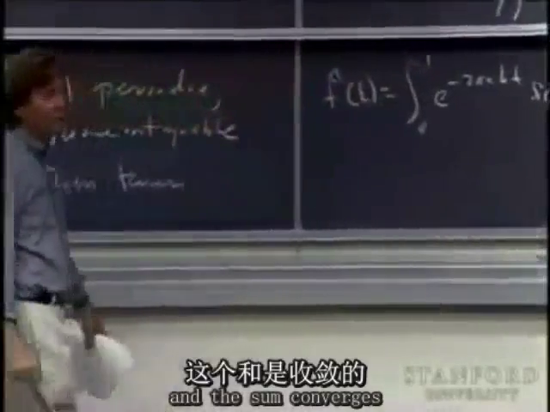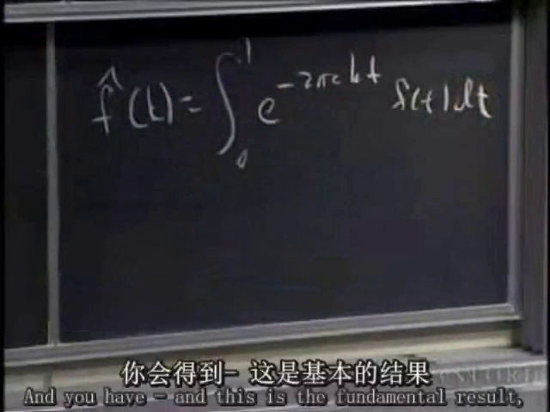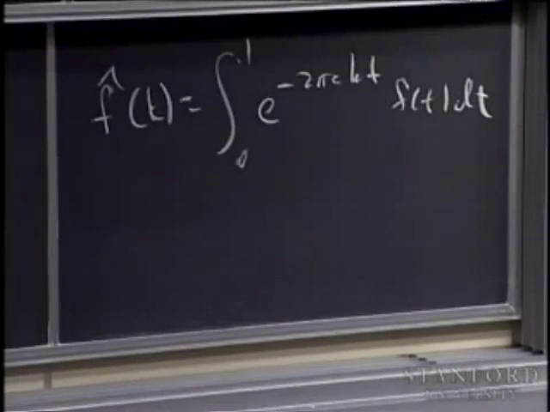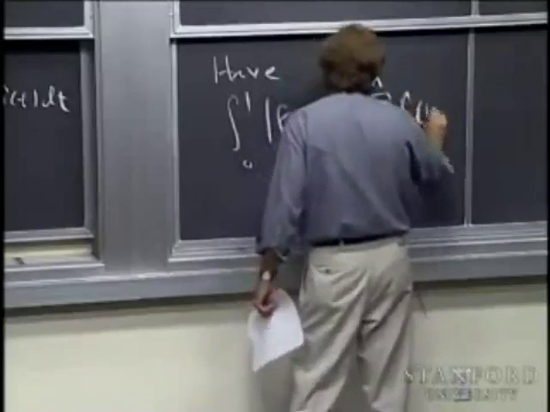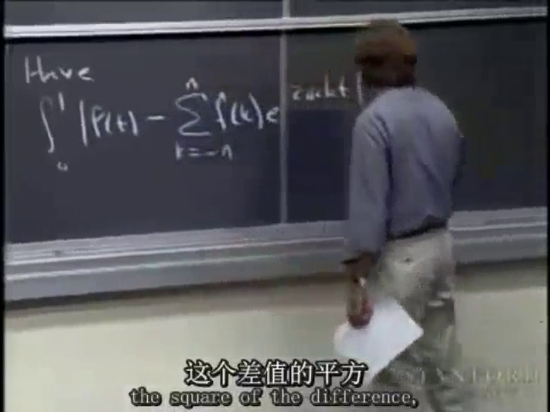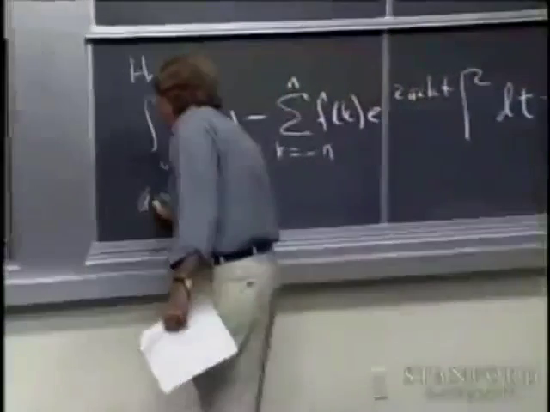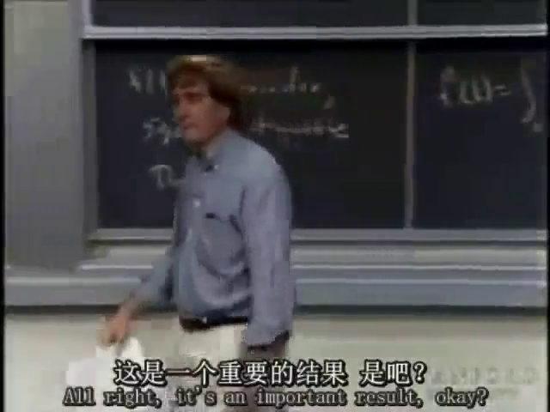And the infinite Fourier series is equal to the function in the sense of mean square convergence. This is the fundamental result: the integral from 0 to 1 of the square of the difference between the function and a finite approximation of the function tends to 0 as n tends to infinity. It takes up the entire board, and it deserves to. It's an important result.